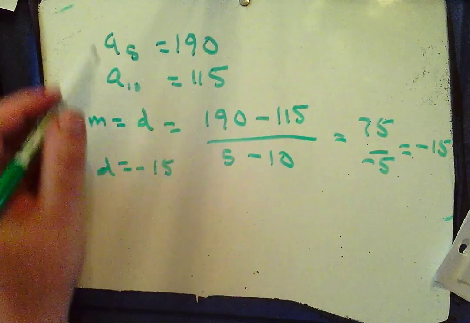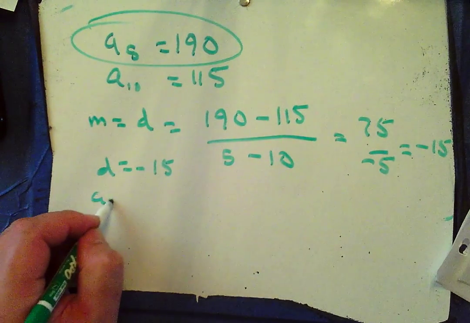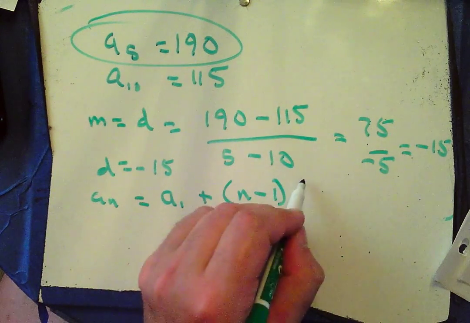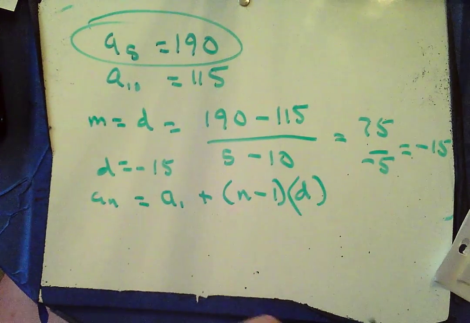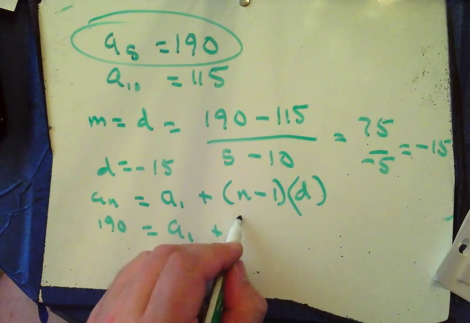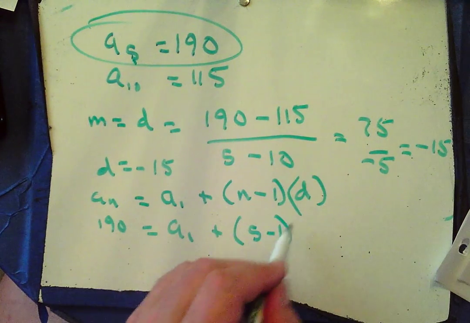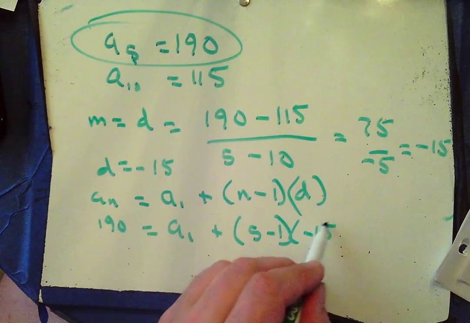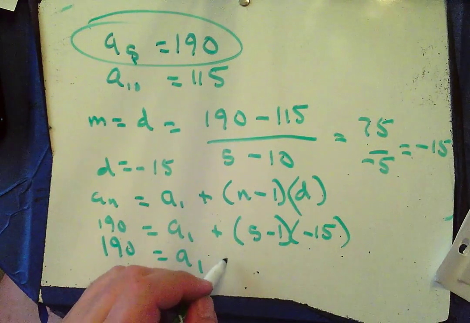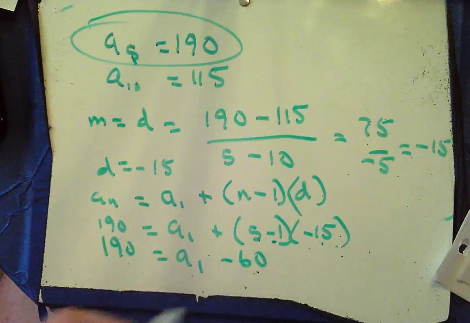Okay, I don't know a sub 1, but I know a sub 5, so a sub n equals a sub 1 plus n minus 1 times d. Let's plug in an ordered pair. 190 equals a sub 1 plus our n value is 5, and our d value is negative 15. And so I get 190 equals a sub 1. This is going to be 4 times negative 15, or minus 60.